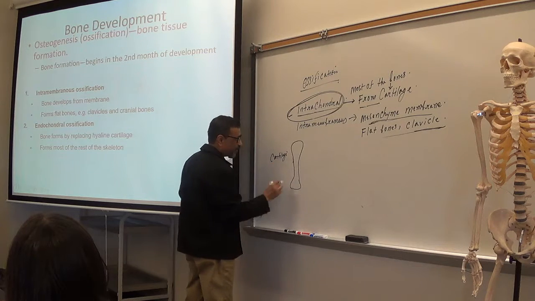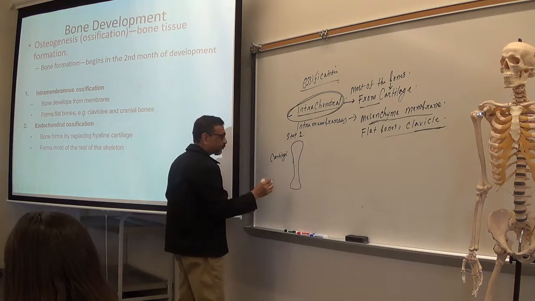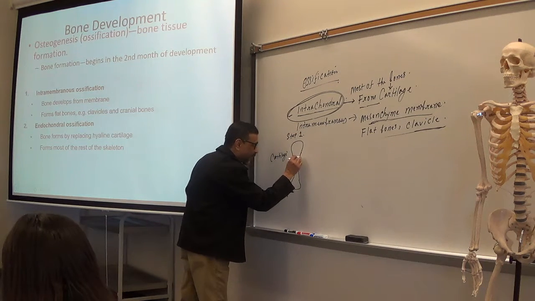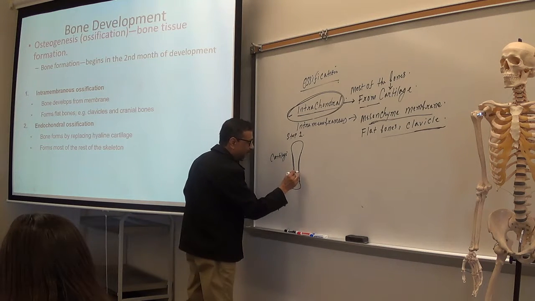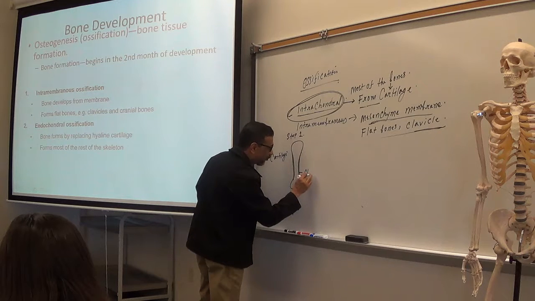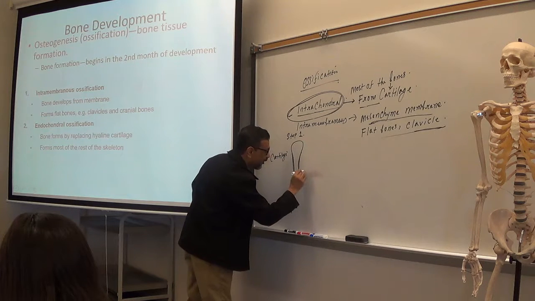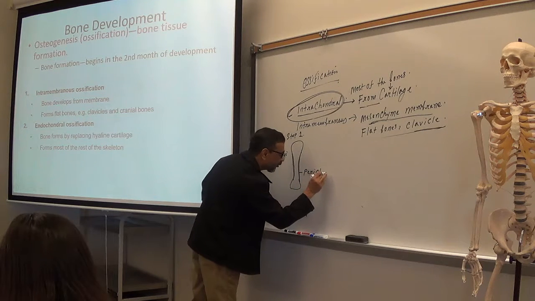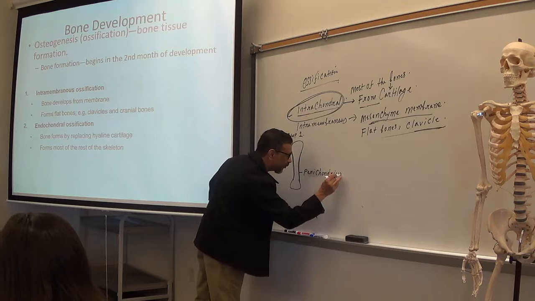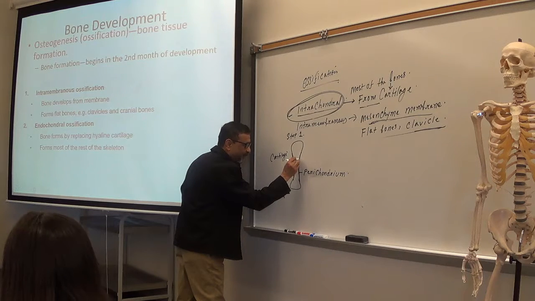In step 1, what happens? Around the cartilage, you have a covering, like the covering of the bone, and this is called perichondrium. Peri means around. And what happens?